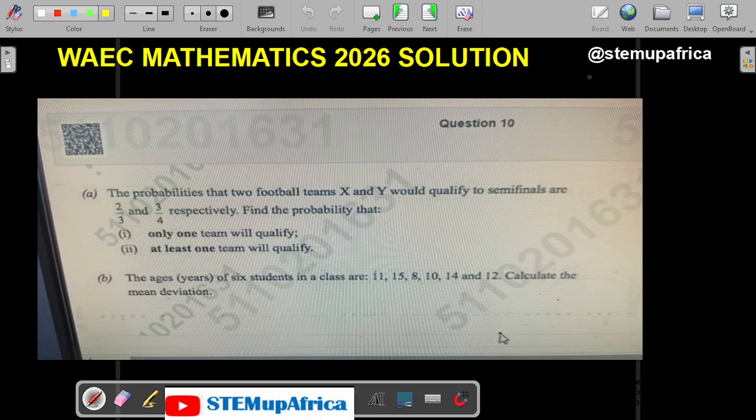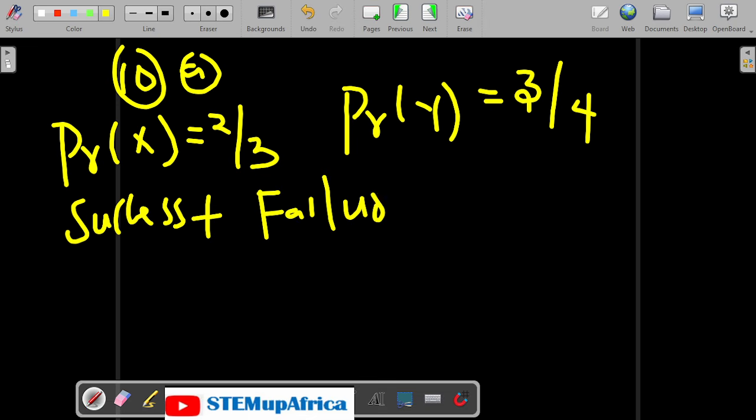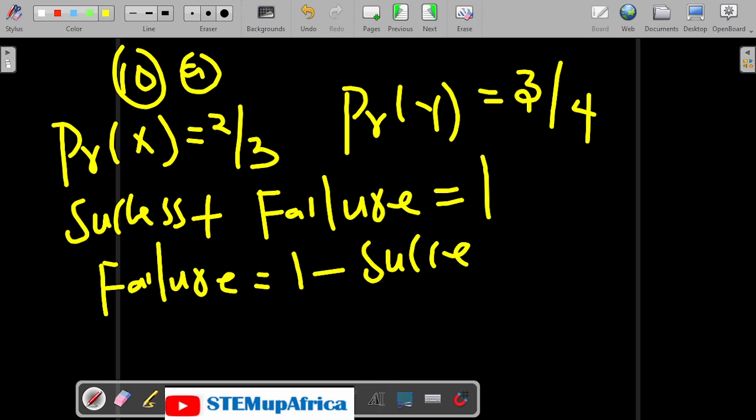Find the probability that only one team will qualify. So only one team qualified. The next question you should be asking yourself is, who qualified? If X qualified, that means Y failed to qualify. Or if Y qualified, that means X failed to qualify. So we are going to get the failure. Success plus failure is 1, so failure becomes 1 minus success.